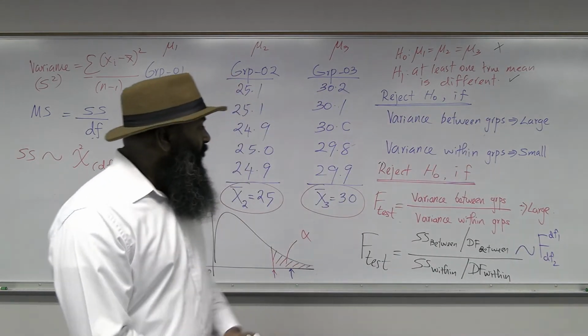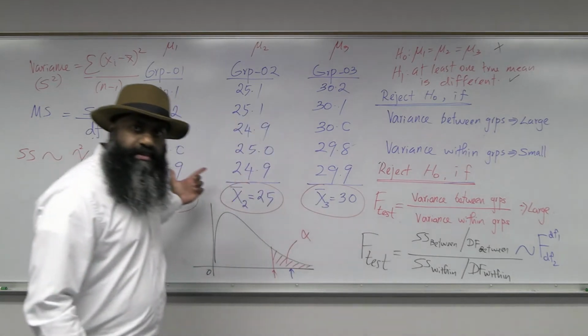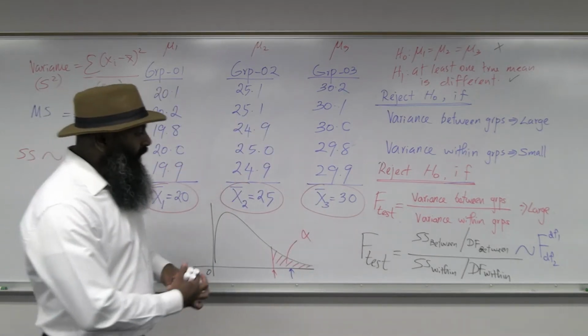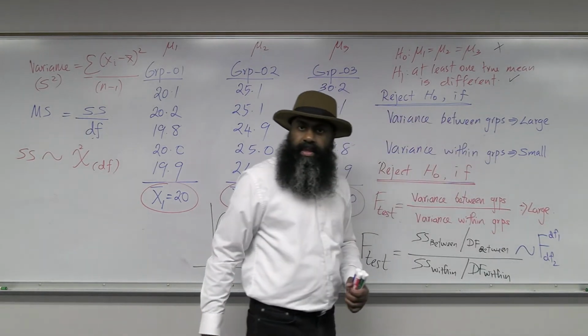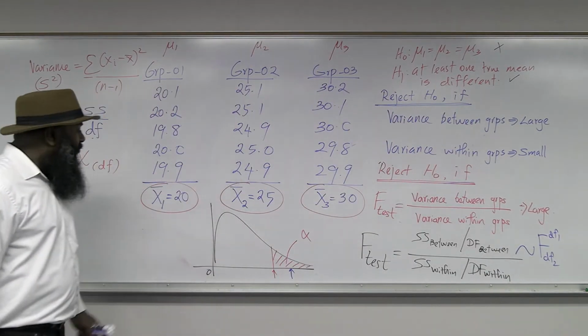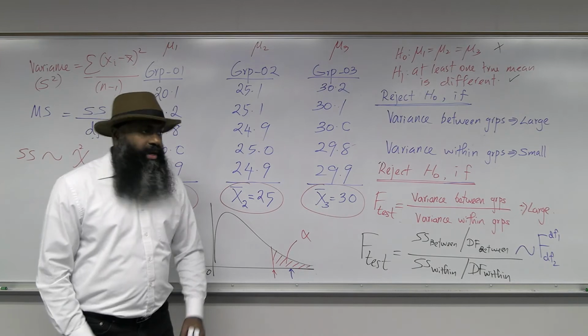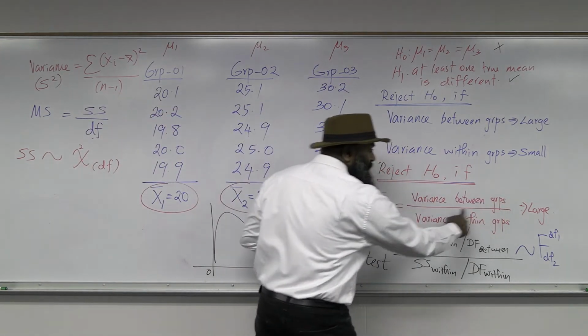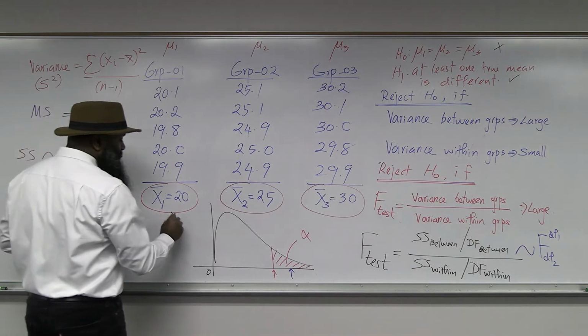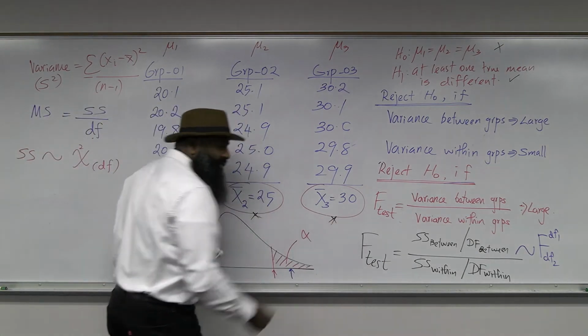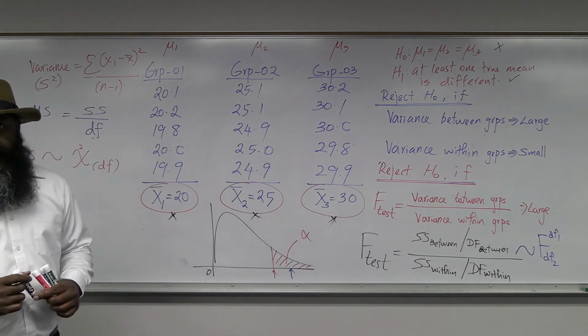Now what should be df1 for this example? df1 is defined as degrees of freedom between groups. Between groups, I have three groups. To calculate this variance between groups, I have to use these three numbers. That's it. Use these three data points and calculate the variance.